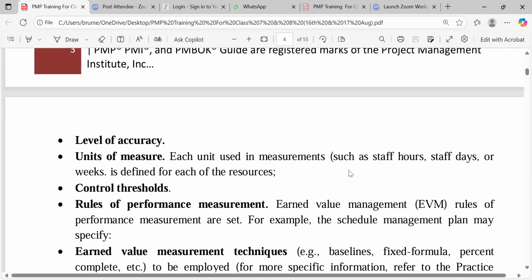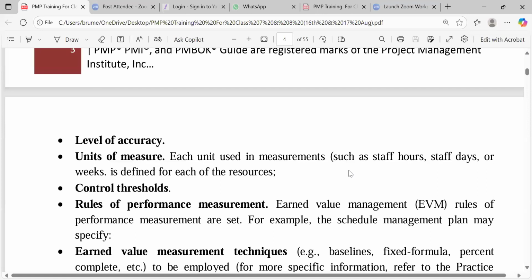Do you know what control threshold is? When would it be too much for the team that they are required to escalate to somebody higher in authority? Sometimes we may say they are allowed to make decisions.